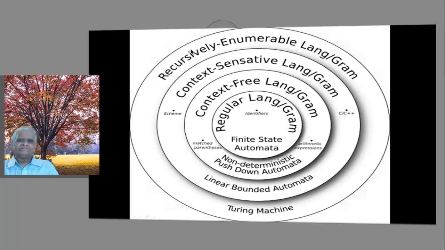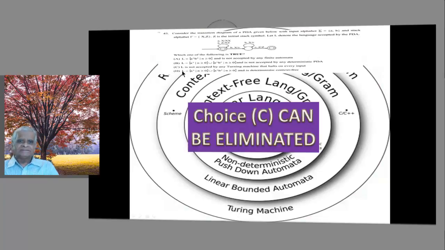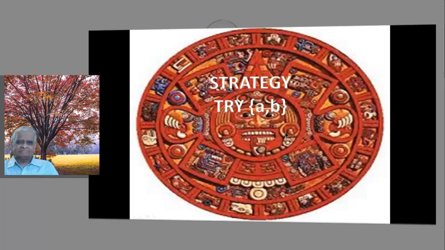Also, Turing machines that halt accept the recursive sets. Either way, Turing machines are above the push-down automata. Anything a push-down automata does can be simulated by a Turing machine which halts on all inputs. So, choice C says L is not accepted by a Turing machine that halts on every input. C is false. Choice C can be eliminated.